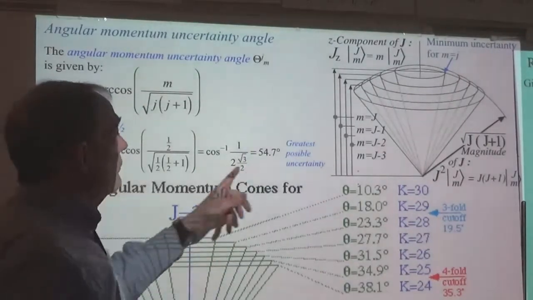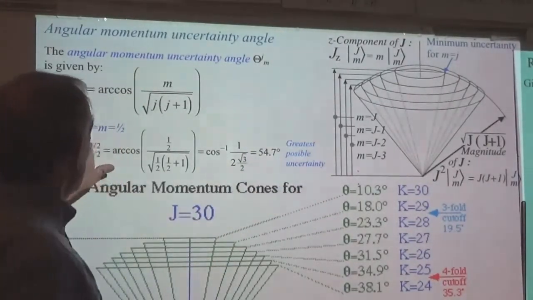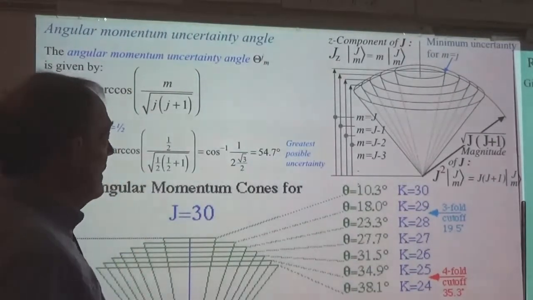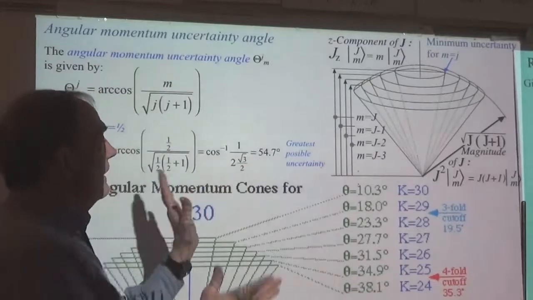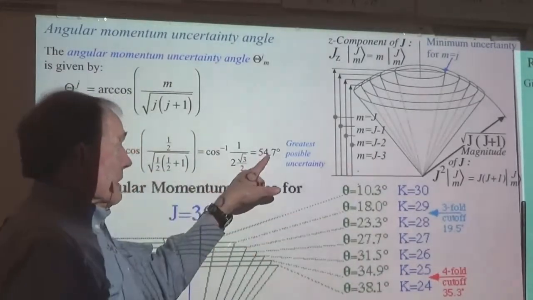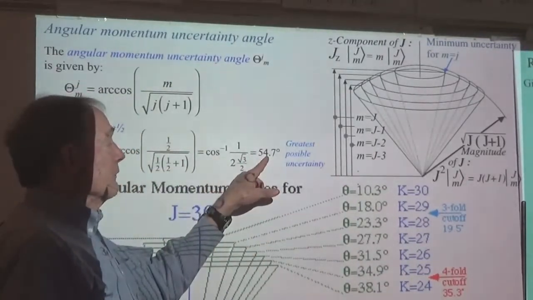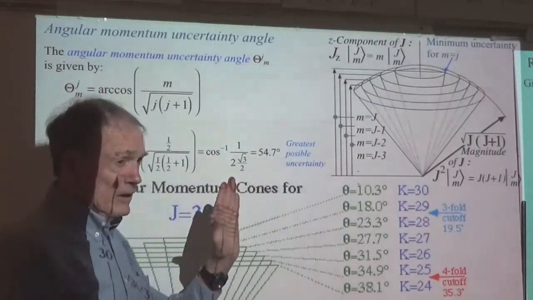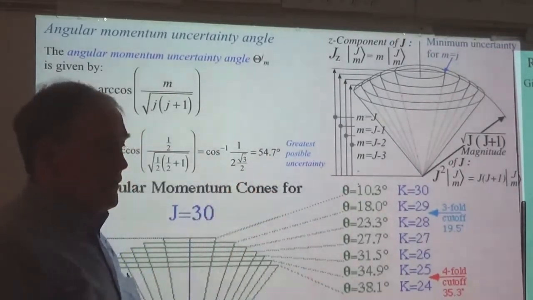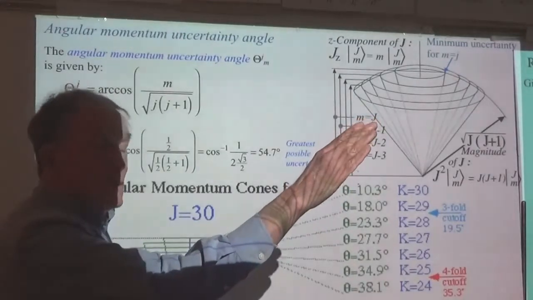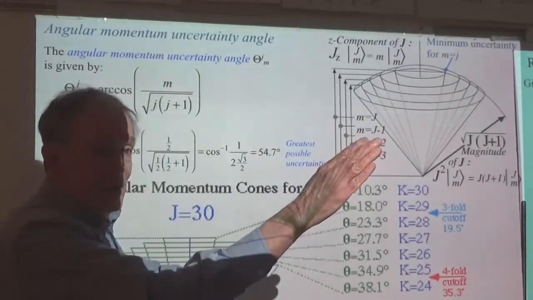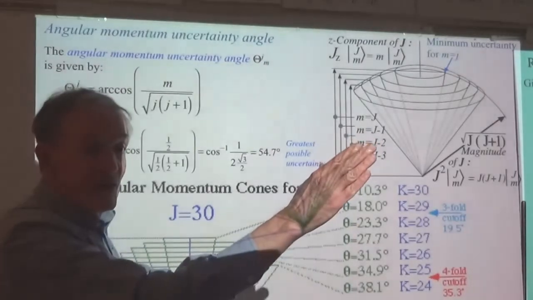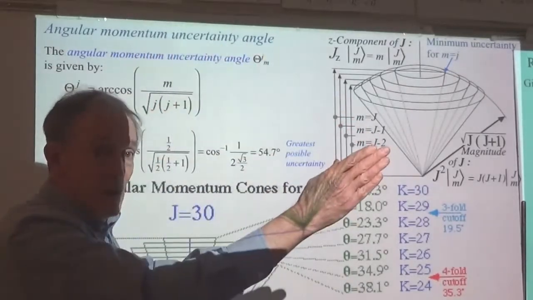Now this is the biggest uncertainty you can have, j equal a half. So that spinner that we start with has an uncertainty angle of arc cosine of 1 over the square root of 3. Now if you recognize what that angle is, if you have a vector in the 1, 1, 1 direction, you're talking about that angle in polar coordinates, right? 54.7 degrees for 1, 1, 1.